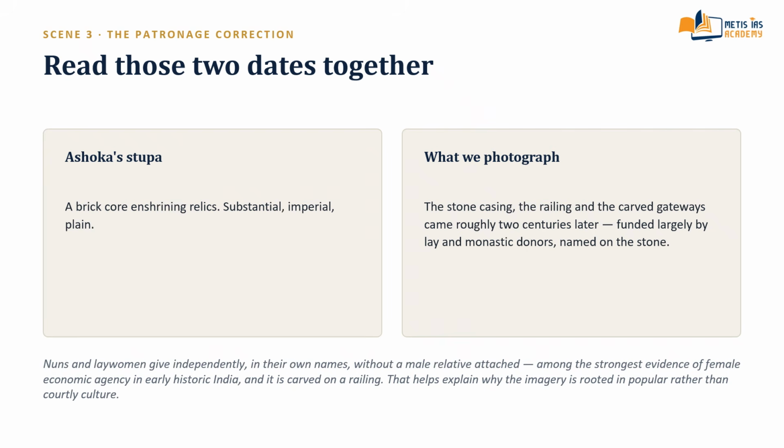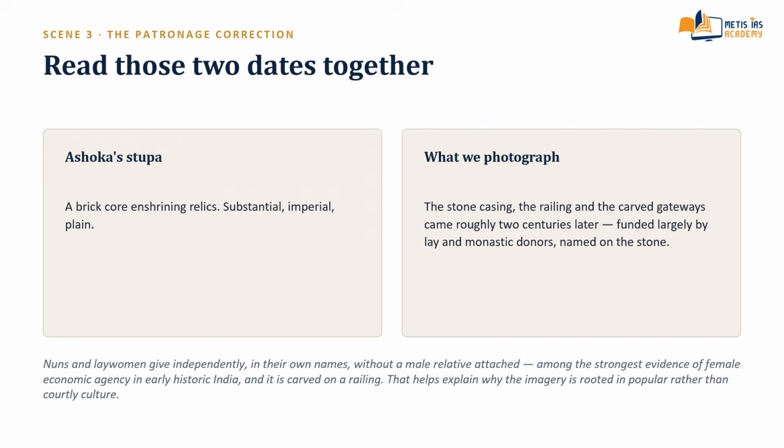The second one is absorption rather than displacement. The Yakshi is not banished from the Buddhist monument. She is carved onto the gateway bracket where she is unmistakably beautiful, unmistakably popular, and unmistakably subordinate. She holds up the gateway through which you enter the Buddha's precinct. The Naga is shown as a devotee.